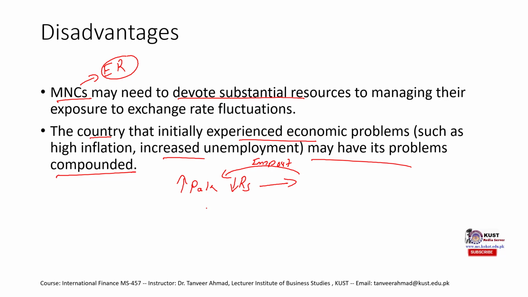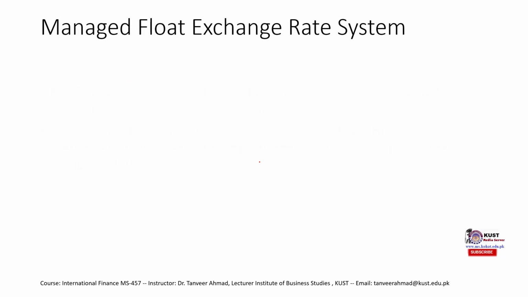Hence there would be a spiral effect of inflation, right? So their economic problem would be compounded. Their imports from US would also get expensive because of devaluation, or rather depreciation, of the rupee.